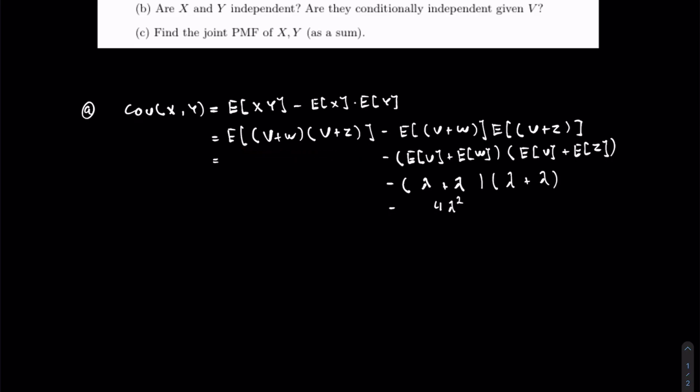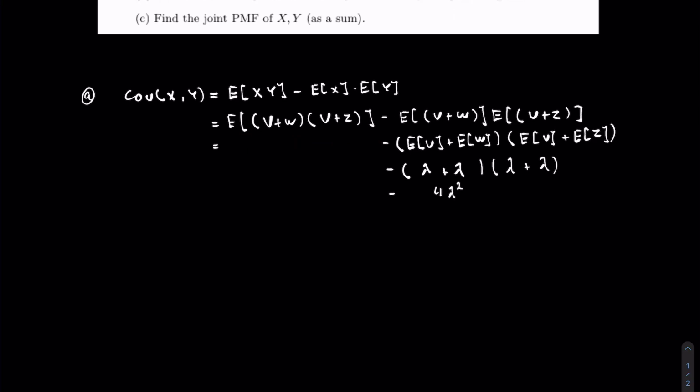Okay, let's now focus on the other term here. We can multiply in the v's and the z, so that we have v squared, that's v by v, v by z, plus w by v, and then plus w by z, like this. And then we use the linearity of expectation.